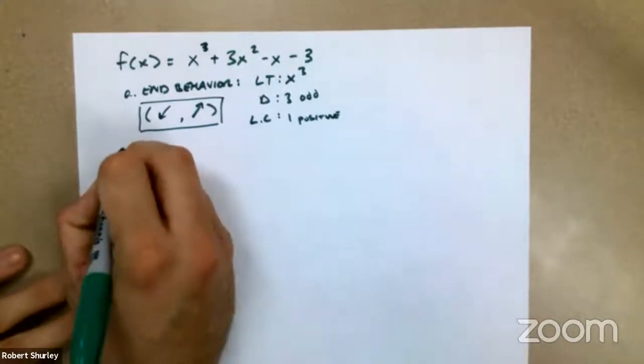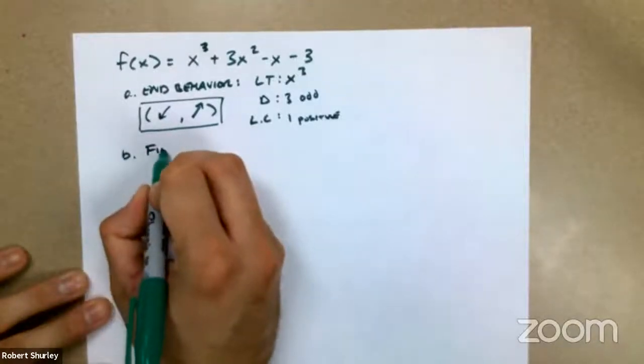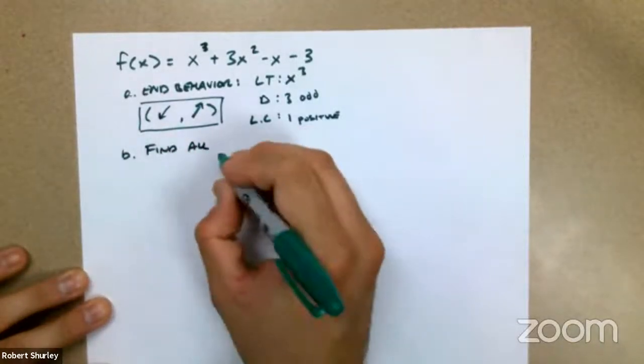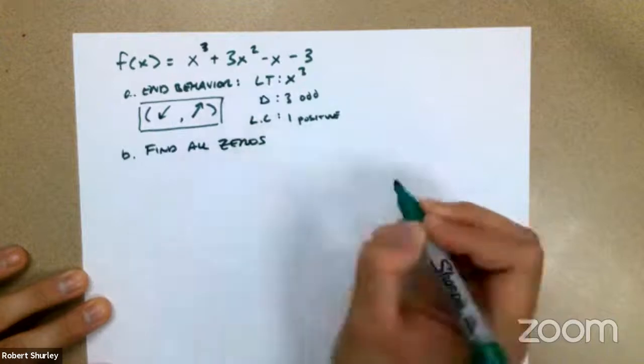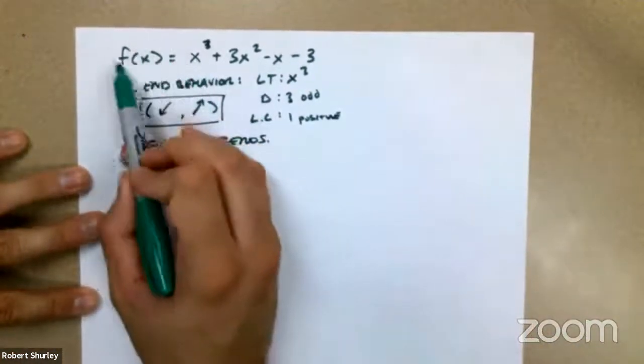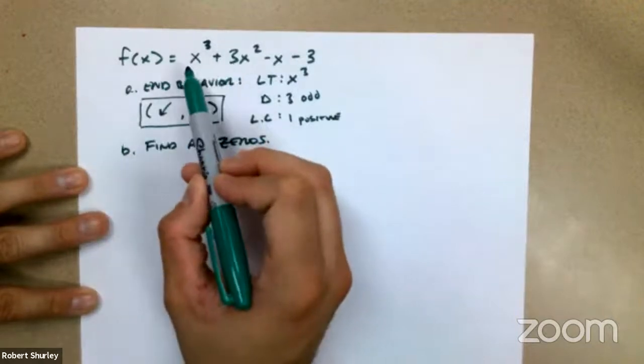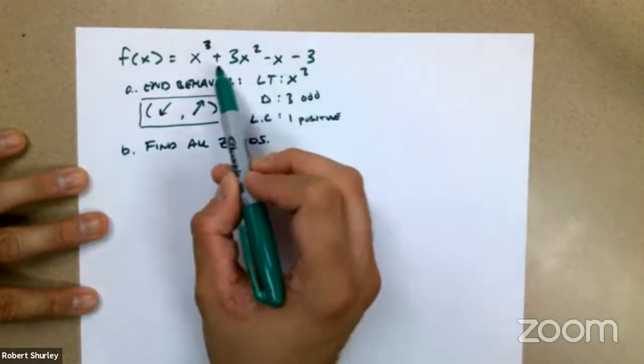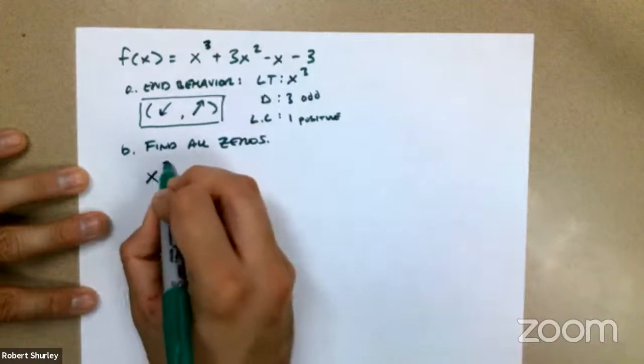Okay, B, let's find all the zeros now. Remember, it's where f of x equals 0, so we have to set this entire polynomial equal to 0.